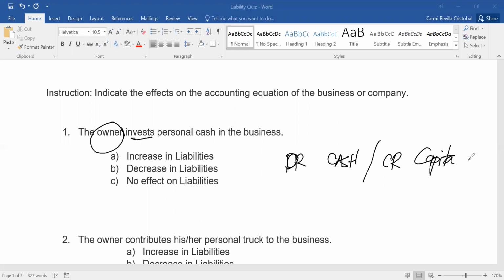So what is the effect on liabilities? Is it an increase, decrease, or no effect? The answer is letter C. There's no effect on the liabilities because these entries involve no liabilities. Clear? Okay.